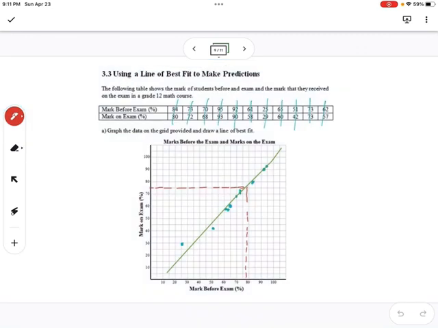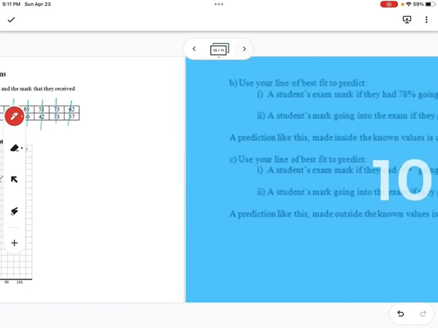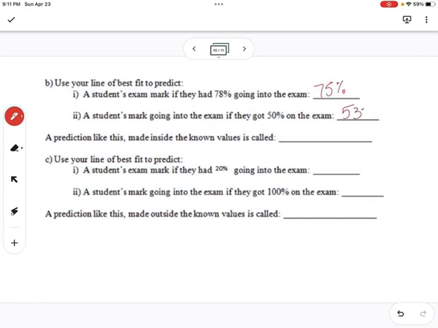So getting a 50 on the exam, that's starting here and going over to the line of best fit. And if we go down from there, that's going to be around 52 or 53%. Okay, as long as you're in the right range, this is an estimate, so we're not going to have a very specific answer, as long as you're in the range of what we're saying here.